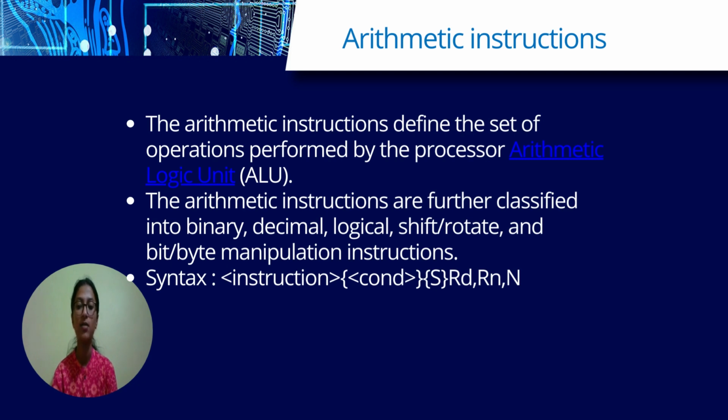The binary arithmetic instructions perform basic binary integer computations on byte, word, and double word integers located in memory. This is the syntax for an arithmetic instruction, where it contains an instruction, condition, condition flag, destination register Rd, and Rn as the source register.